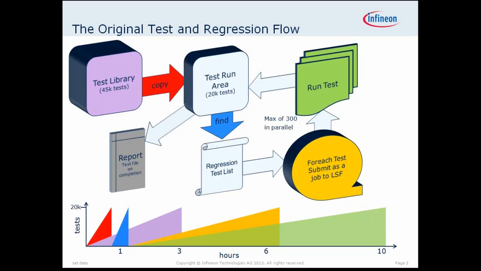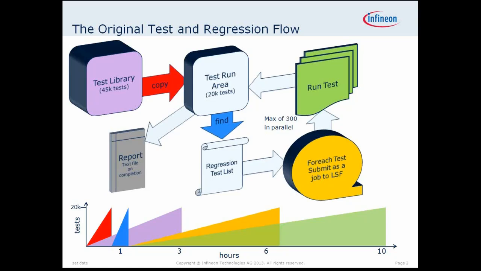That currently lives in ClearCase. If we look at the bottom of the slide, we have some timescales on how long each of these steps takes. The purple triangle at the bottom reflects how long it takes to label those 45,000 tests in ClearCase, which at 3 hours is quite a long time to take to do a label.